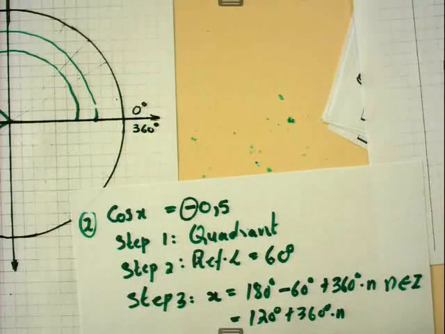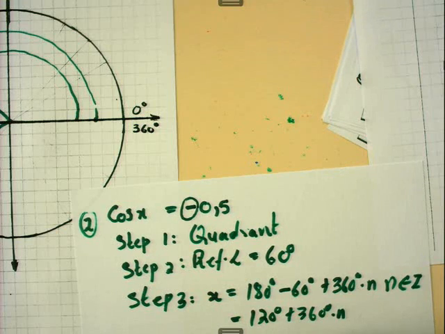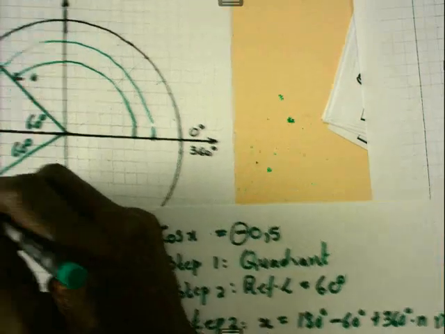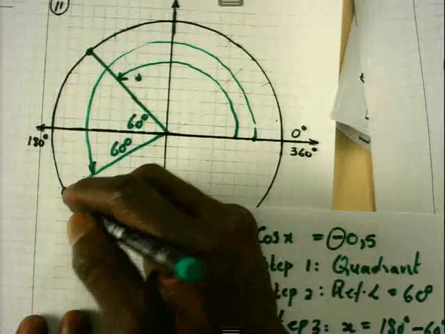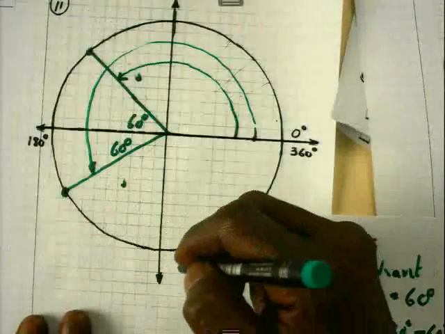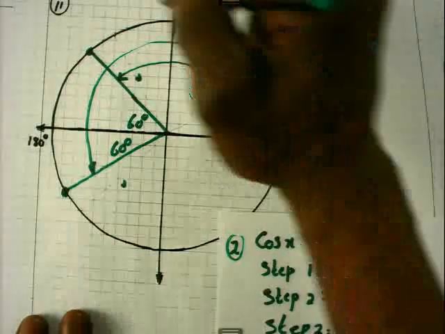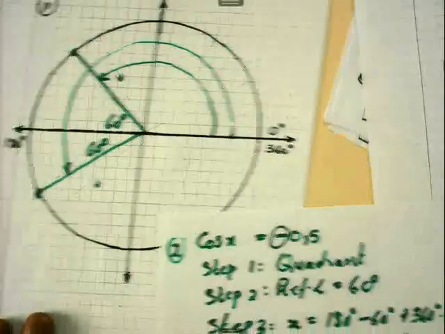Therefore, x will be equal to 180 degrees plus 60 degrees. Of course, if I rotate any number of revolutions, I'll still get the same solution.